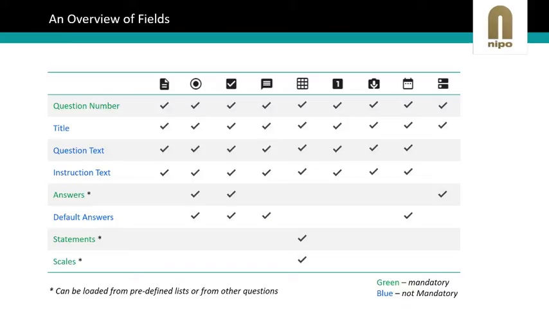Instruction text, answers. Of course, you need to create answers, and that will depend on the question type. You don't have to remember this by heart, because the system will help you when you are missing something. You will receive a message, or you will not be able to save or continue your work, because something that is really needed for that type of question is not there.